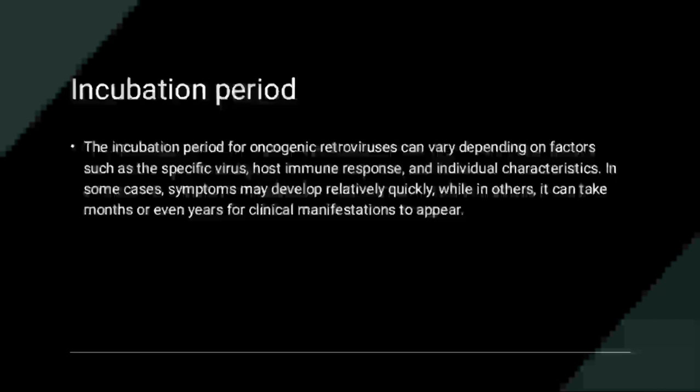In some cases, symptoms may develop relatively quickly, while in others, it can take months or even years for clinical manifestations to appear. Clinical manifestations are observable symptoms used in diagnosing disease.